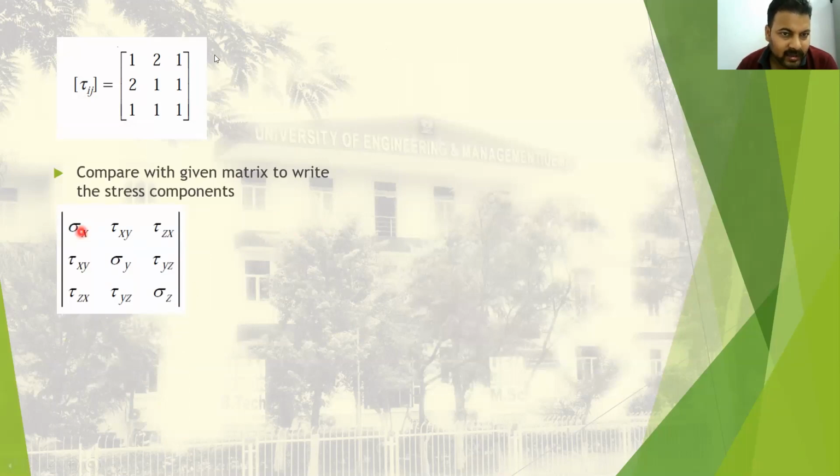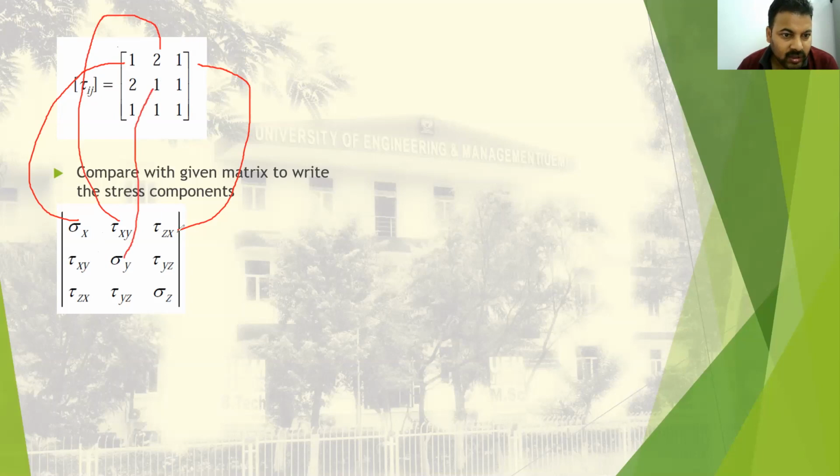So sigma x is equal to 1, tau xy is equal to 2, tau zx is equal to 1, sigma y is equal to 1, tau yz is equal to 1, and sigma z is equal to 1.